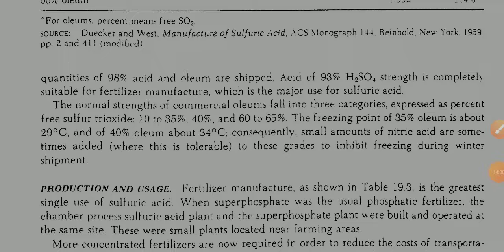The freezing point of the 35% oleum is about 29 degrees Celsius, and of the 40% oleum about 34 degrees Celsius. Consequently, small amounts of nitric acid are sometimes added where tolerable to this grade to inhibit freezing during winter shipment also.